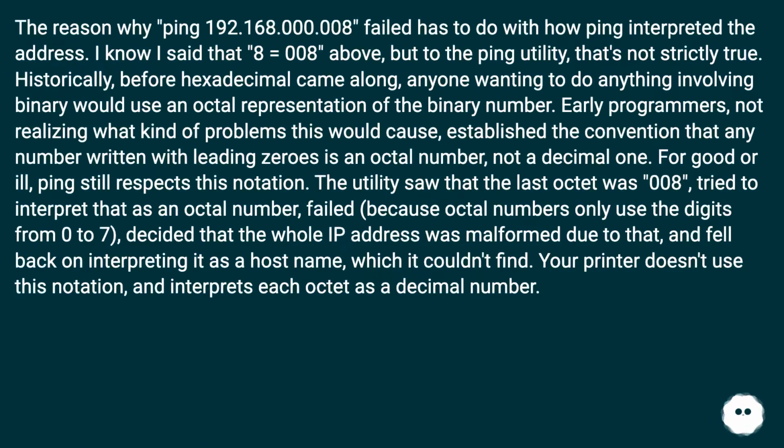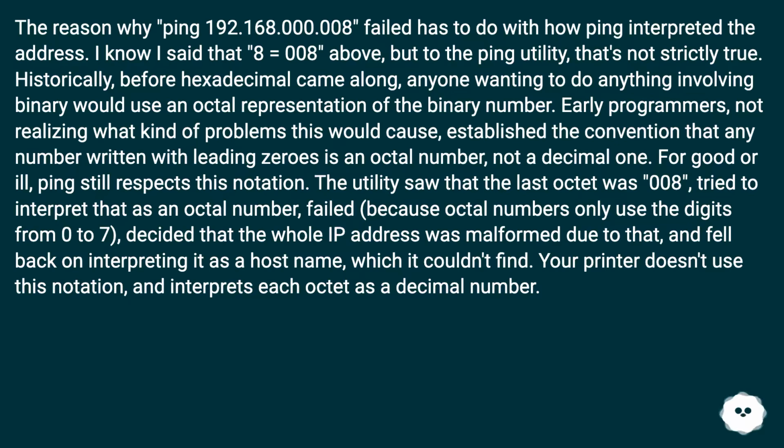The reason why ping 192.168.000.008 failed has to do with how ping interpreted the address. I know I said that 8 equals 008 above, but to the ping utility that's not strictly true. Historically, before hexadecimal came along, anyone wanting to do anything involving binary would use an octal representation of the binary number. Early programmers, not realizing what kind of problems this would cause, established the convention that any number written with leading zeros is an octal number, not a decimal one.